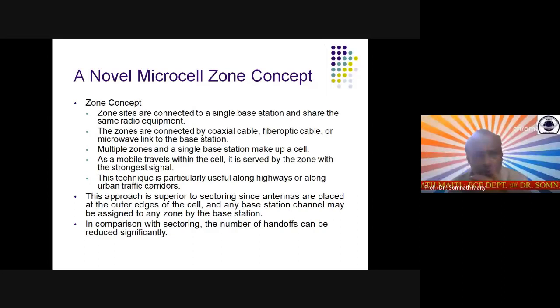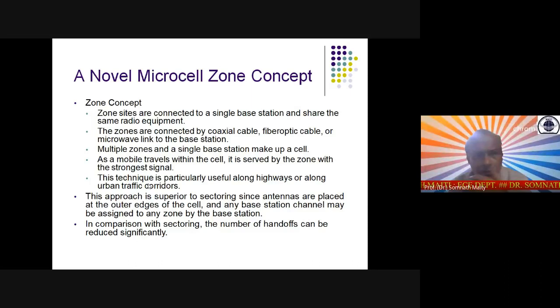So whenever you are moving from one region to another region, you need not require any handoff. Handoff is a process. Whenever you are moving from one cell to another, your carrier frequency will be changed, your base station antenna will be changed. But if you are served by a single antenna, and you are moving over different places within a particular cell, you need not require any handoff process, because handoff is a costly process.